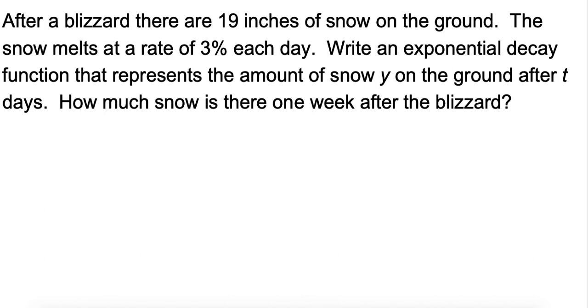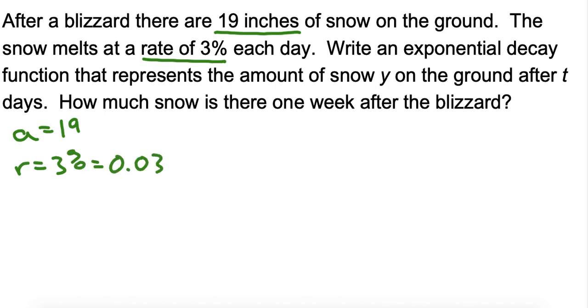Okay, so let's see what information we can find here. After a blizzard, there's 19 inches of snow. So that's where we are starting. So A is 19. They tell us it melts, so we know it's decreasing because it's going down, at 3%. So r is 3%, or 0.03.